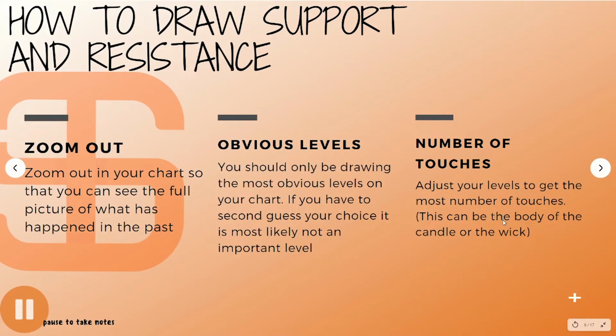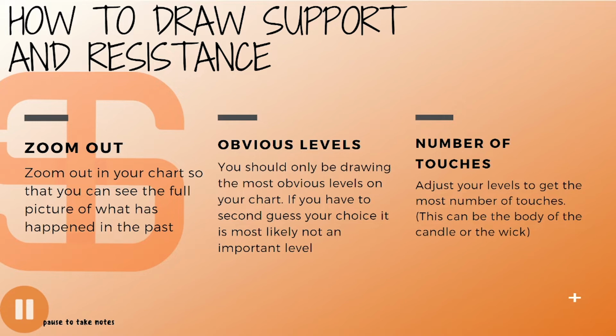Now, we should only be drawing obvious levels. So what this means is, if you have to second guess your choice on a support and resistance, because maybe it's got a couple touches, you want to be wary of this, because when I'm drawing support and resistance, I want to see at least 3 to 5 touches that is pretty close in the past to where I'm specifically trading in the present.